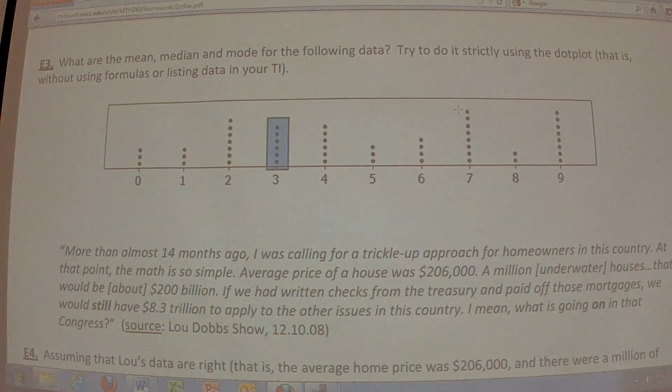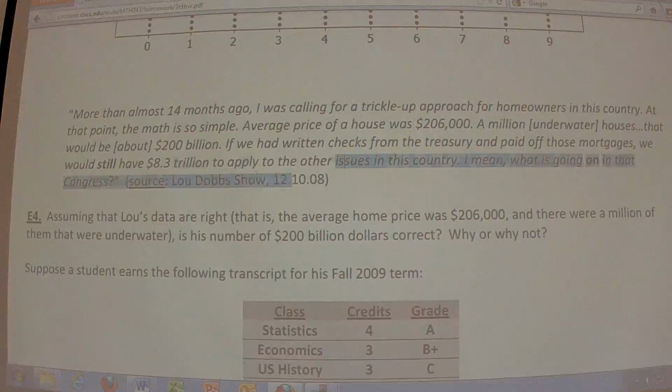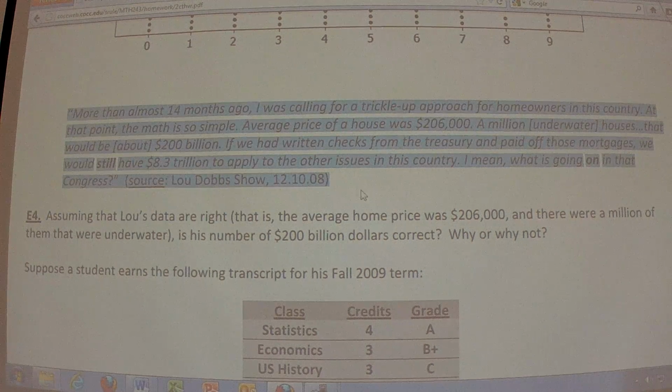I have one for E4, because your answer said that yes, it is accurate. Okay, everybody take a look at this paragraph right here from Lou Dobbs.